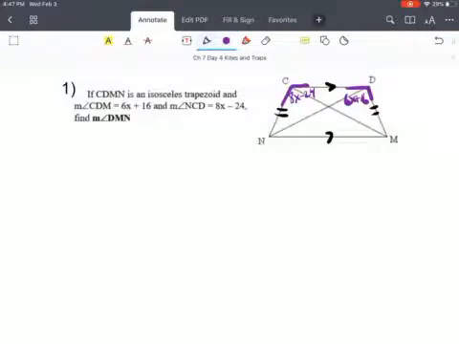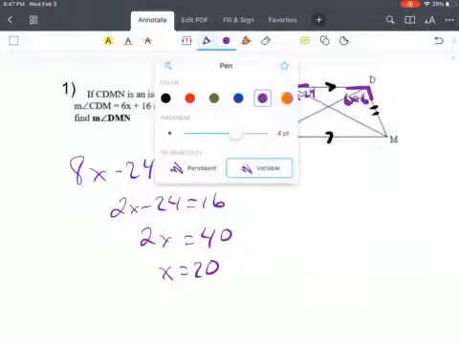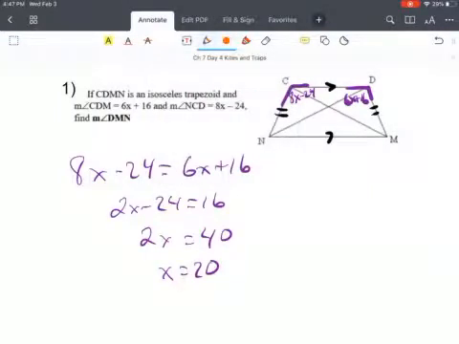These are both upper base angles, so they would be congruent to each other. So I can solve for x by subtracting the 6x and then adding my 24, and I get x equals 20. When I plug 20 back in right here, I get 136 degrees. It would be the same thing over here.